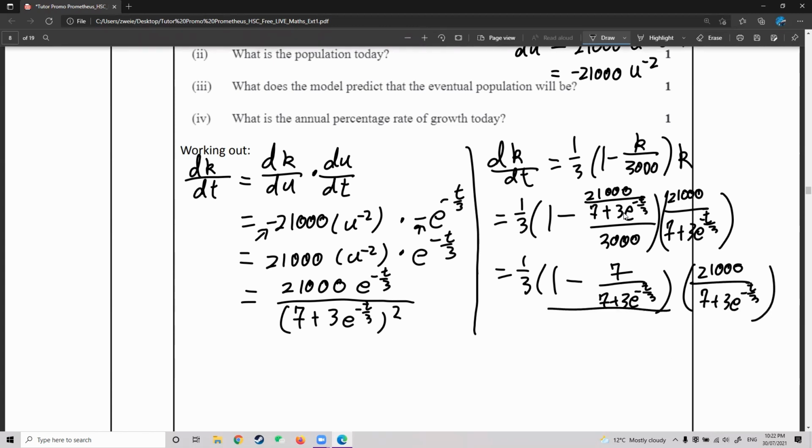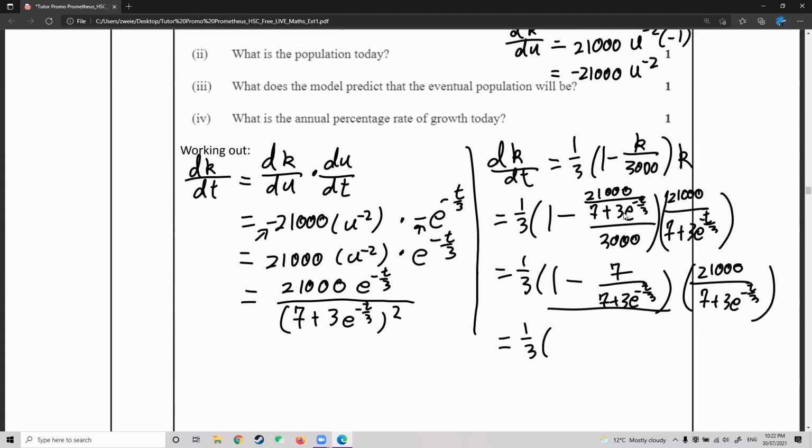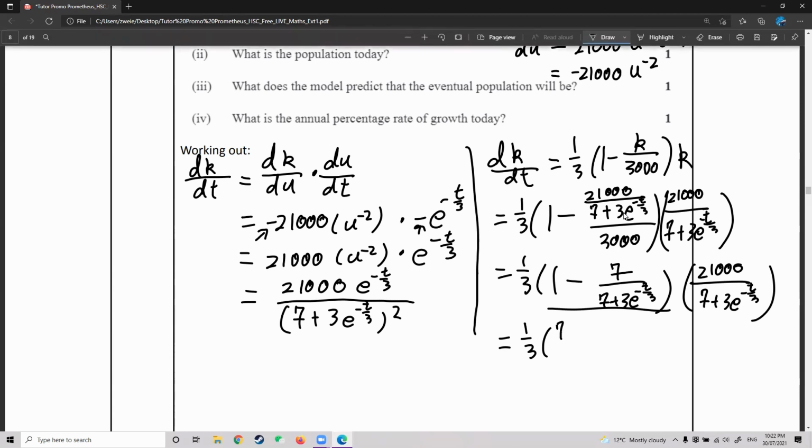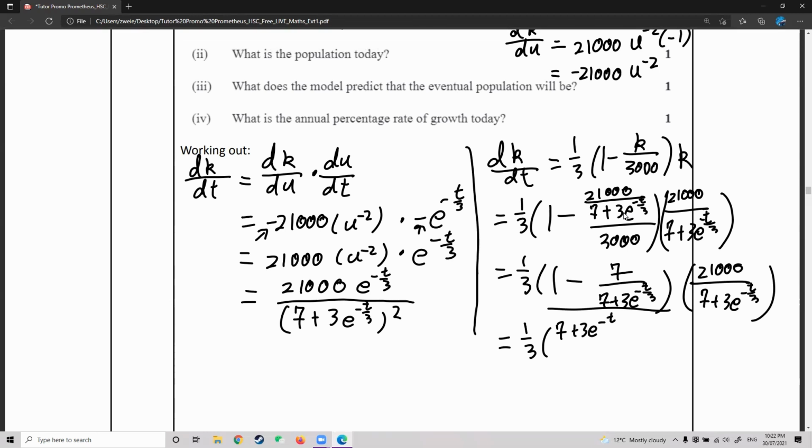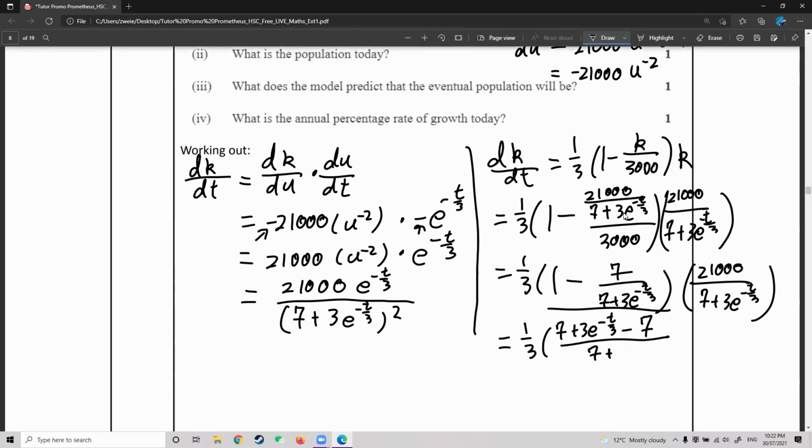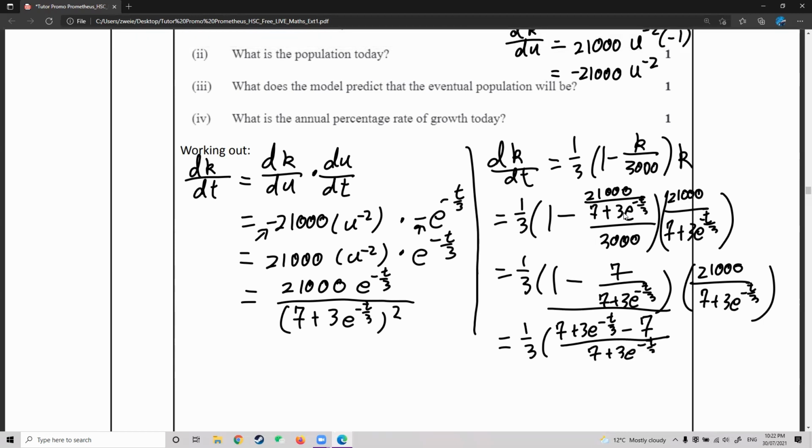Now simplifying the middle part, I get 1 on 3, 1 minus 7 on 7 plus 3e minus t on 3, times 21000 over 7 plus 3e minus t on 3.